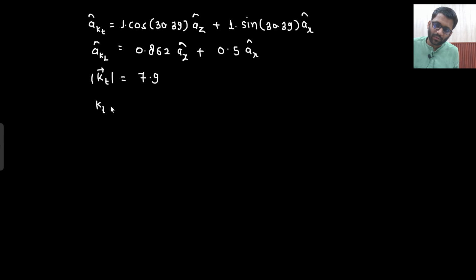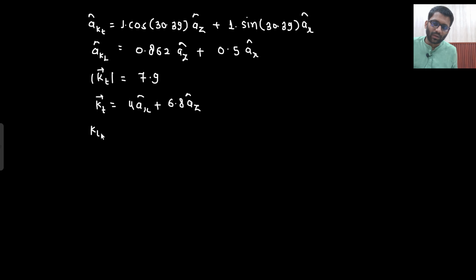So what will be your KT now? Into 7.9, so 4 AX cap we are getting, plus 7.9 into 0.862, so roughly around 6.8 AZ cap we are getting. So this is my KT, okay?